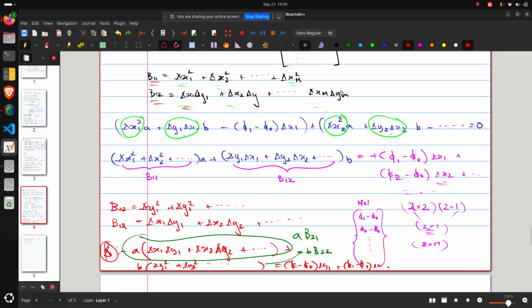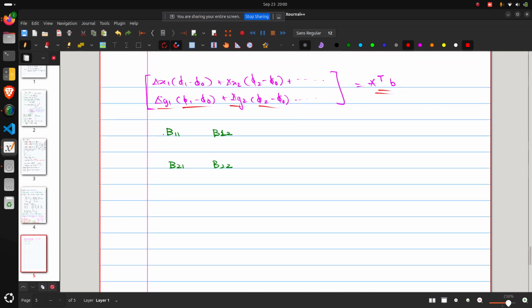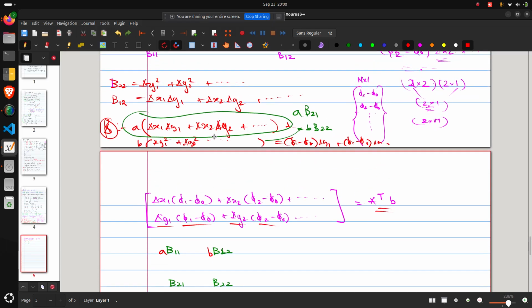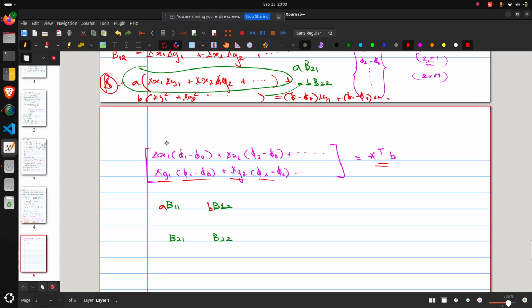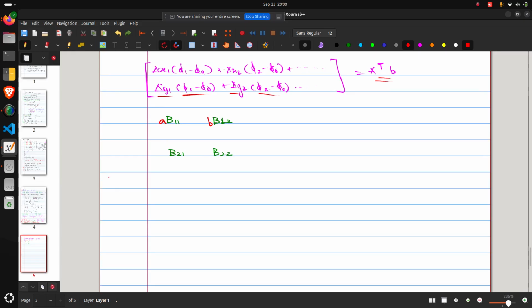B11 is multiplied by A and B12 by B. So A and B, and similarly B21 is multiplied with A and B22 is multiplied by B. Okay.